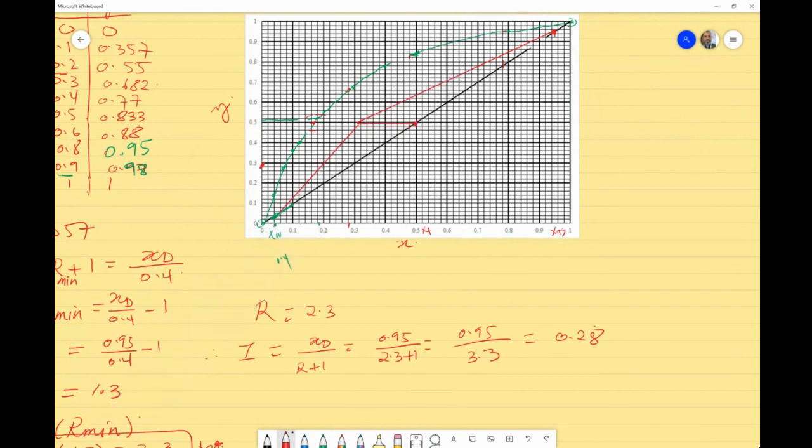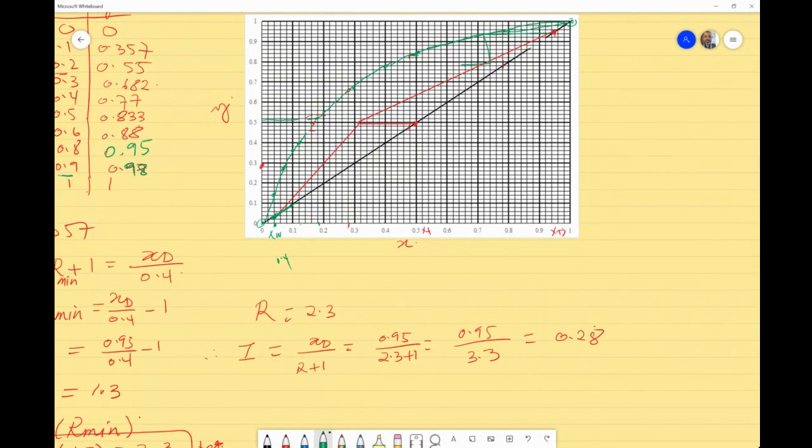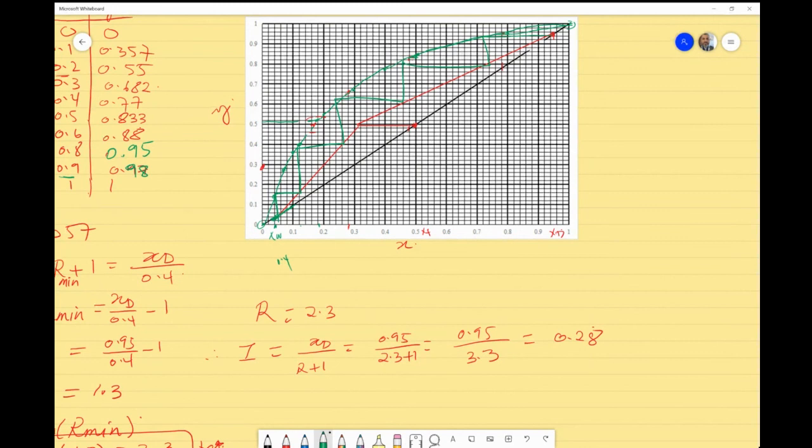And that's it. You now just count the number of stages based on your equilibrium data. Very straightforward. So you can go 1, 2, 3, 4, and then you reach 5 here. Of course, my drawing is not clear, but this is how you're going to do it.